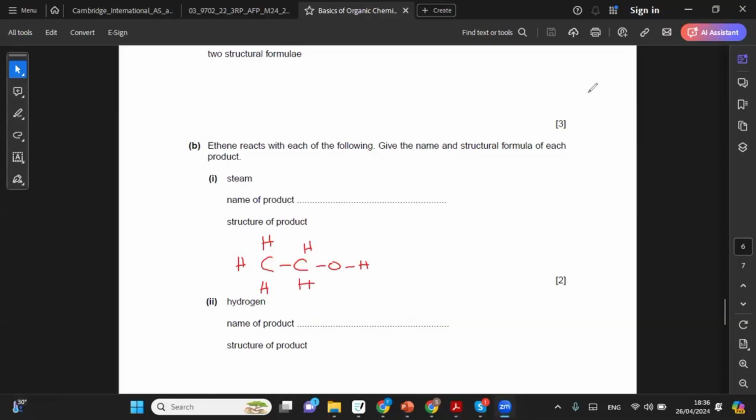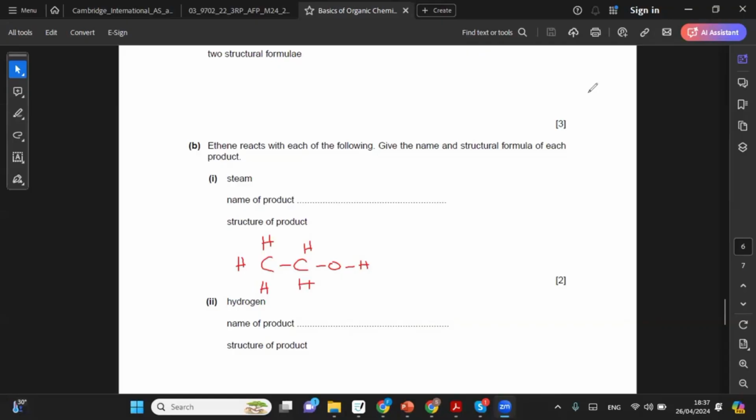Now, next they're saying hydrogen. What happens if I take ethene and I add hydrogen to it? What's the name of my product? You're doing hydrogenation, right?